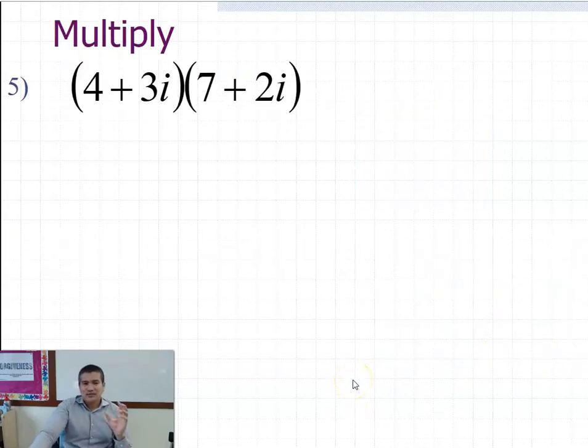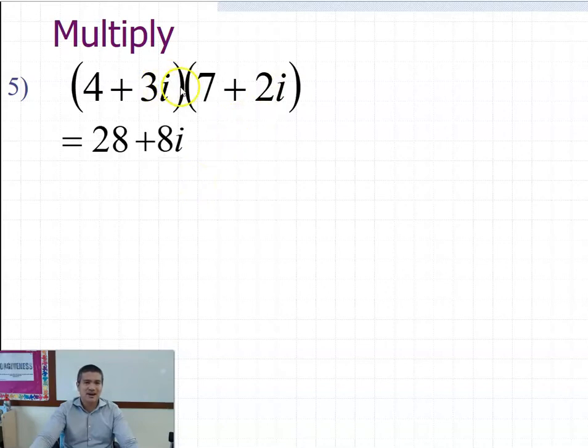Next, what if we're going to multiply a binomial and a binomial of complex numbers? So therefore, what you're going to do is the same, using the FOIL method first: the first, the outer part, and then the inner part, and then the last part. So therefore, we have 4 times 7 is 28, 4 times 2i is equal to 8i, 3i times 7 is equal to 21i, and then 3i times 2i is equal to 6i squared.